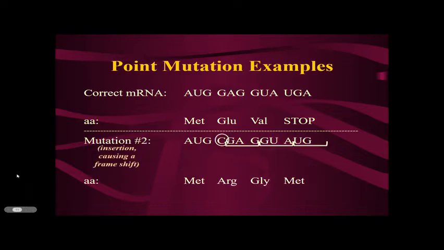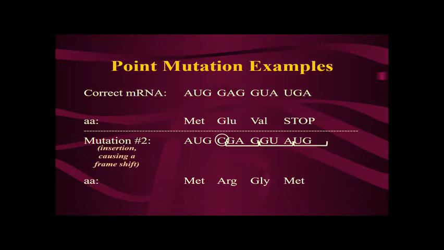Here's another example. Here we have an insertion which causes a frame shift mutation. So in the second codon, a C was inserted in. What that caused is all the other bases to be pushed downward. And so it completely alters the reading frame of what we should have.